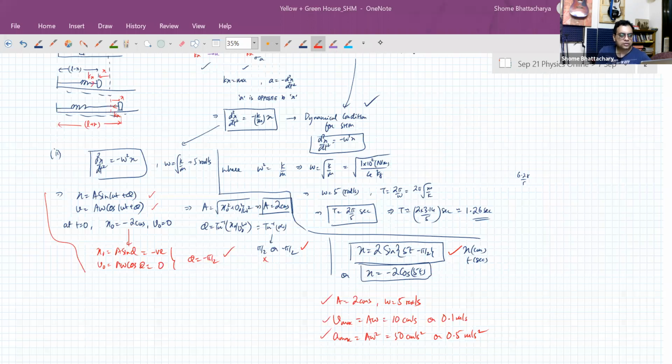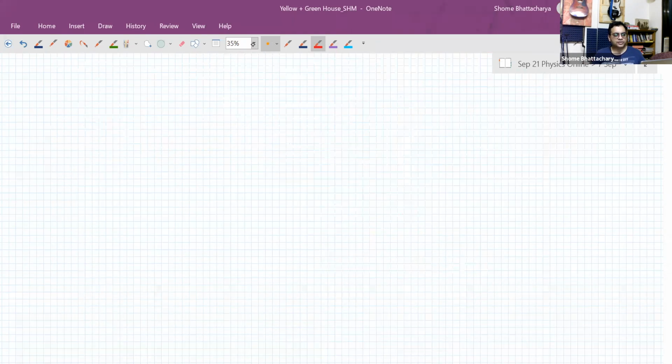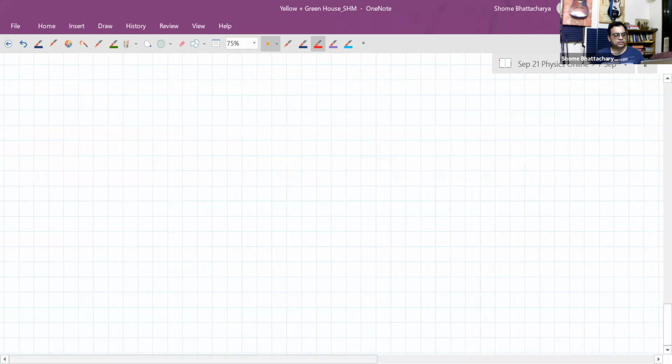Okay, very good. So let's look at another example now. Spring mass systems are what most of the questions in SHM are going to be about. One type is the spring mass systems and the other is going to be the pendulum type system, when we come to that later. So let's look at another example of a spring mass system.